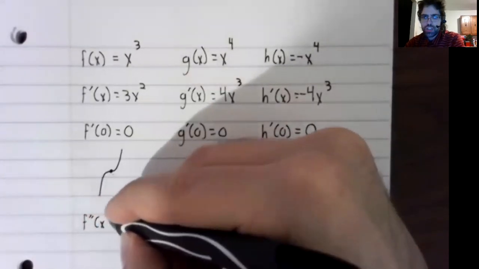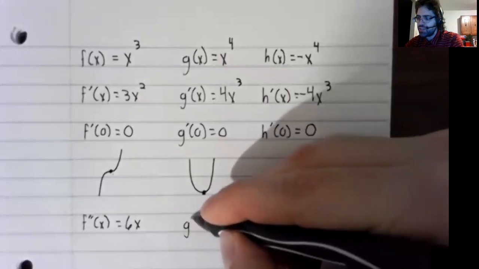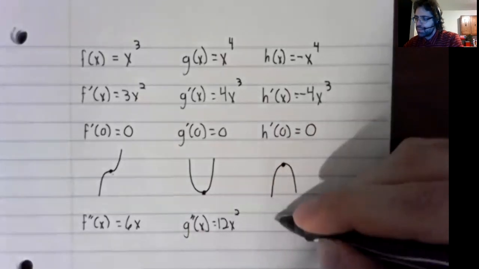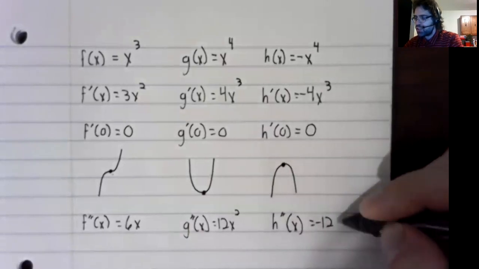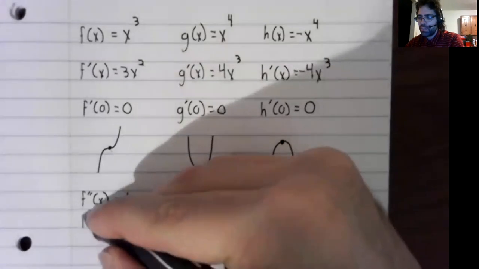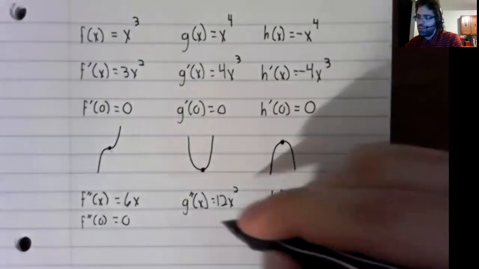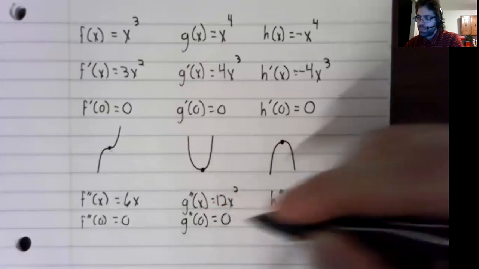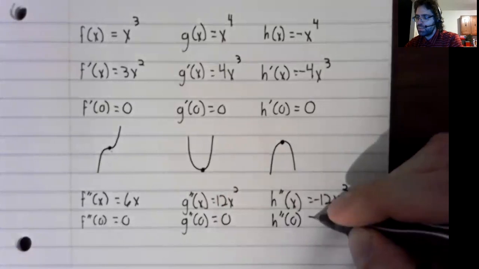But if we tried to use the second derivative test, we could take each of these second derivatives, and when we plug 0 into them, f double prime of 0 equals 0, g double prime of 0 equals 0, h double prime of 0 equals 0.